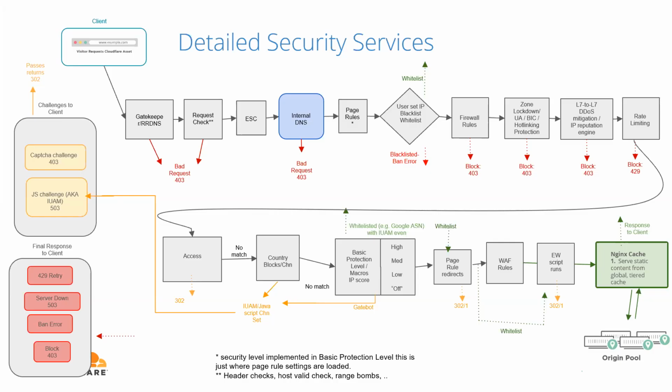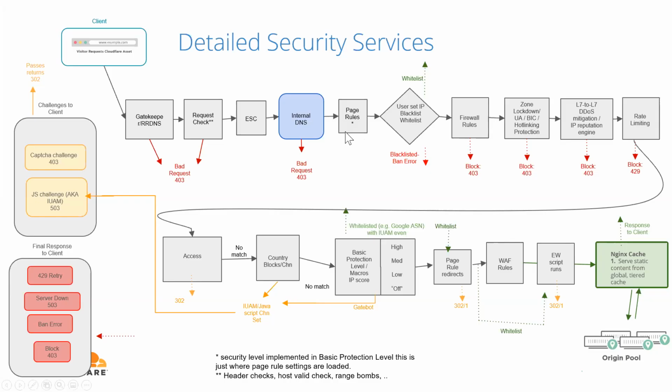So it can be performance side. You can add caching. You can also modify the security behavior. Let's say you want to change the SSL subtask, or you want to change the security level, etc. So this is why if there are page rules that are related to security, they will be checked here.